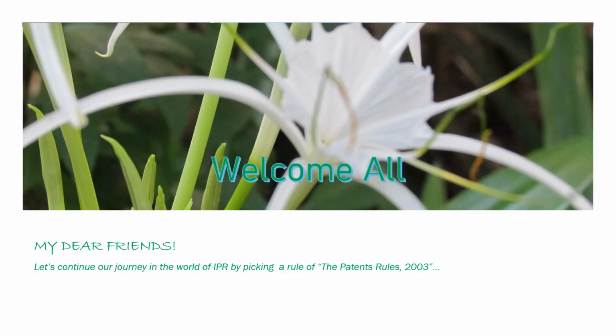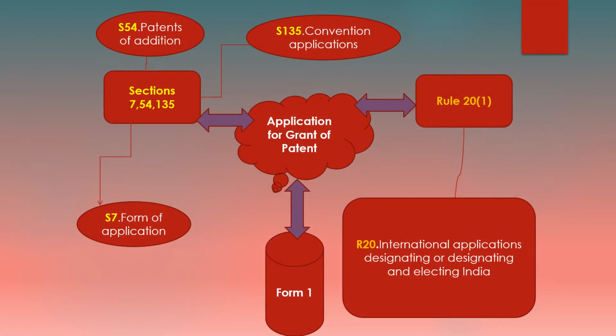Let's continue our journey in the world of IPR by picking a rule of the Patents Rules 2003. Again the old slide, because in the slide we have established a relation between the sections, rule and Form 1.